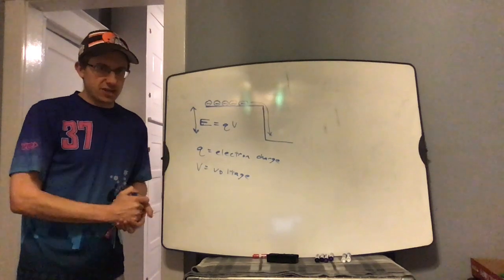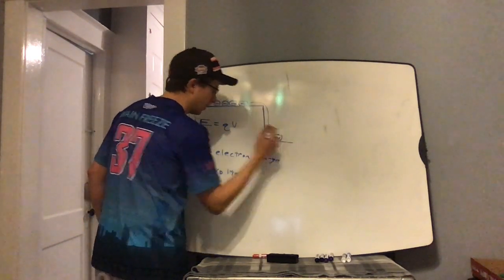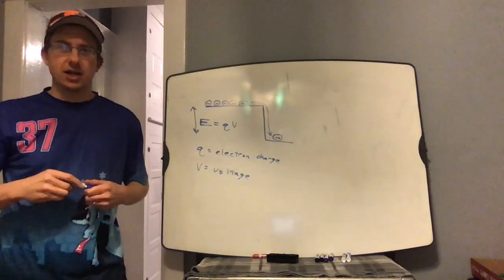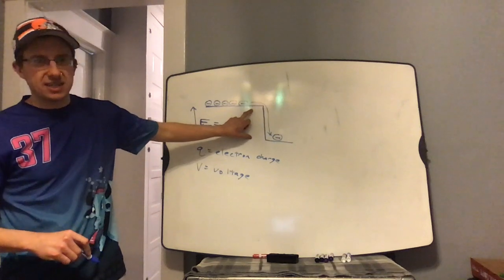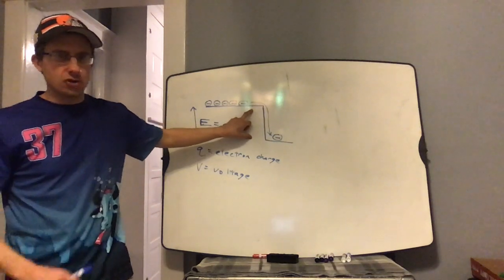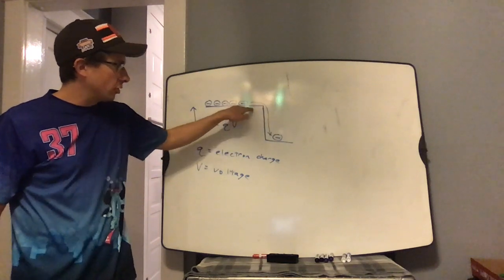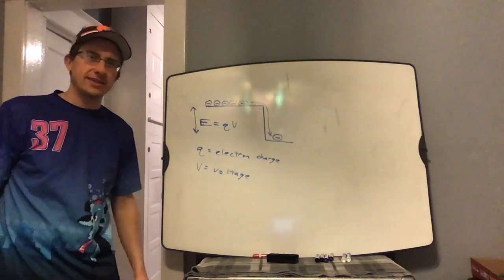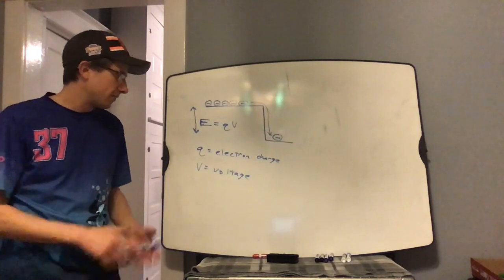Now, energy has to be conserved. So if I kick an electron down here, the electron lost energy. Where does that energy go? Well, the amount of energy lost is going to be equal to the energy of the light given off by the diode. So the energy lost is given off as light, maybe green light or blue light or red light or yellow light.